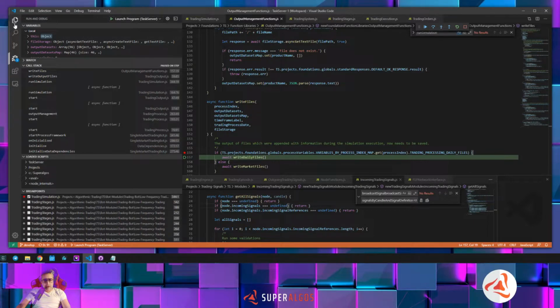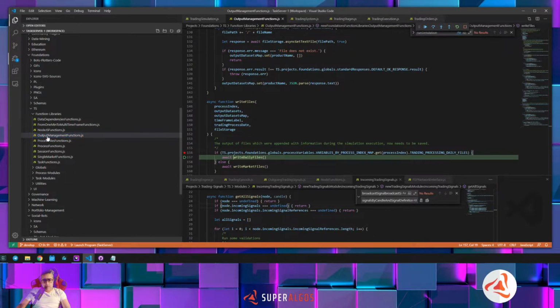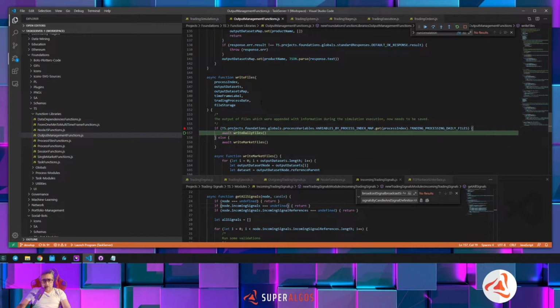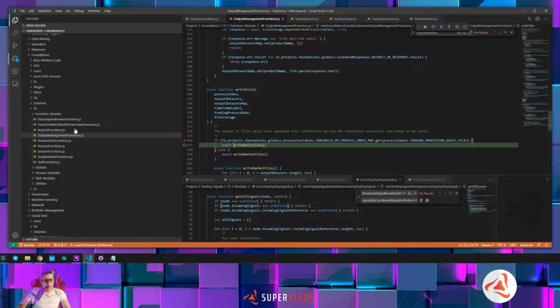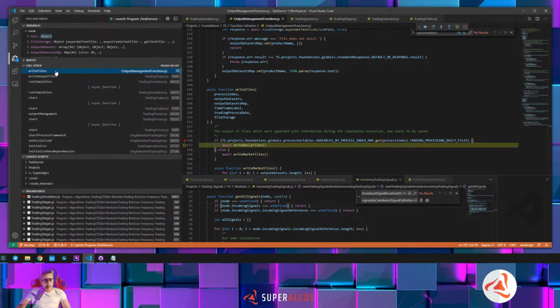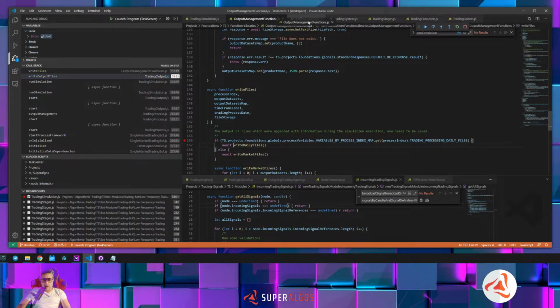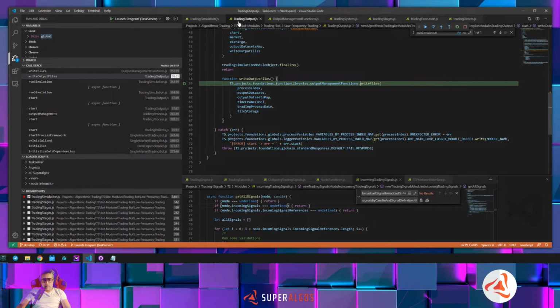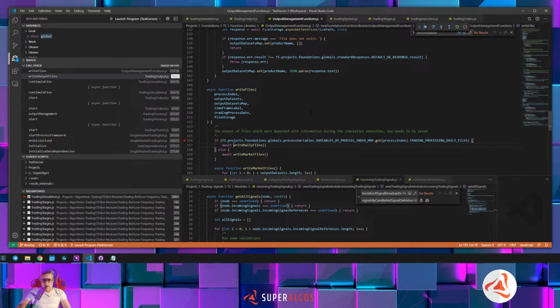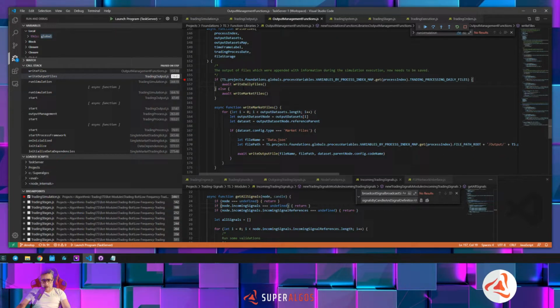Okay, now we are here. Output management functions, which is an async function. Okay, call from here. Without an await.